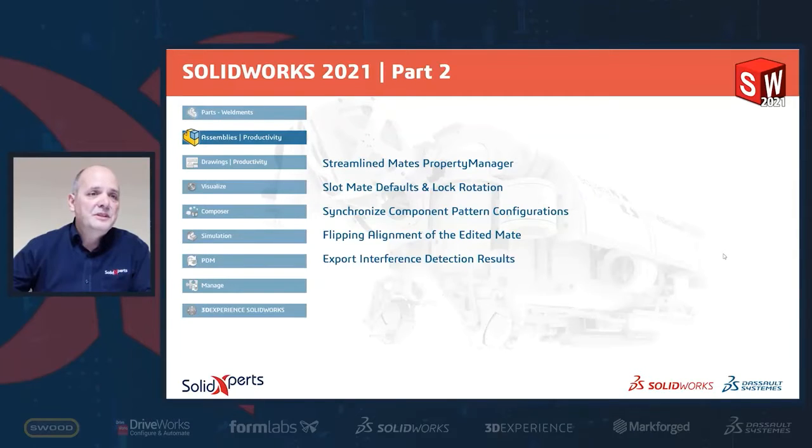And of course, the ability to basically just flip the mate alignment and keep everything in sync without errors on your assembly feature trees. And the nice interference detection reports, again, good for a stand-up design review meeting, allowing you to more quickly get through the work of making the best assembly you possibly can with SOLIDWORKS 2021.